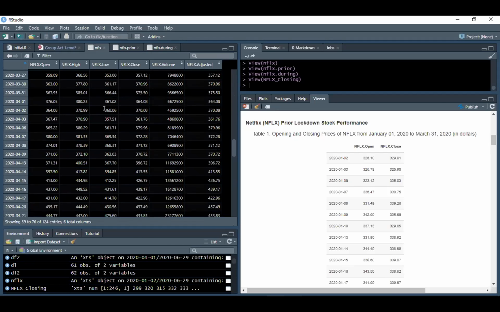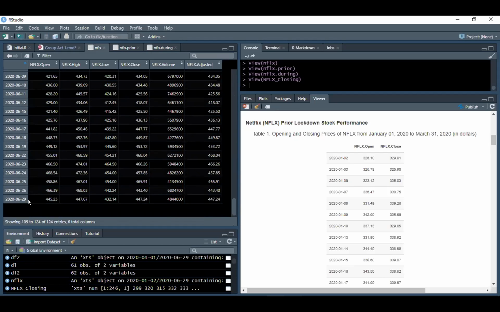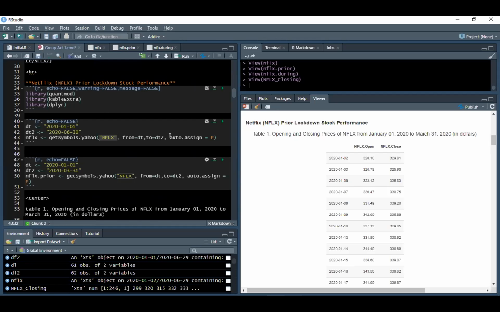So if we go down here, you'll see that it ends in June 29, which means that there's no data for June 30 yet. And then auto assign, we made it false, or F, you can turn it into a capitalized FALSE, which means it is an auto assignment in case the symbol NFLX can't be seen. So we placed it F so that it can't be associated with anything else.